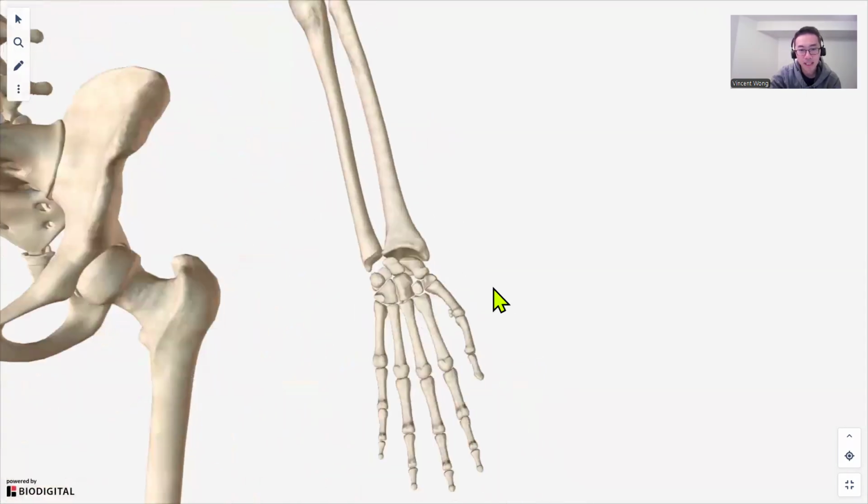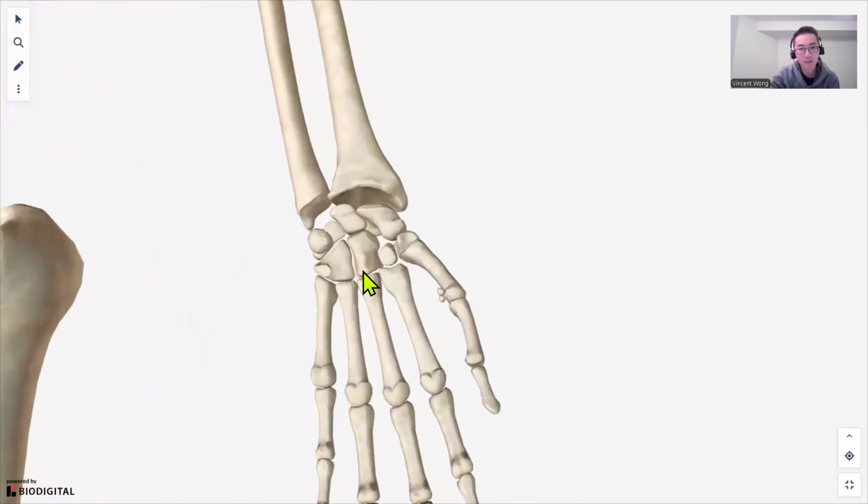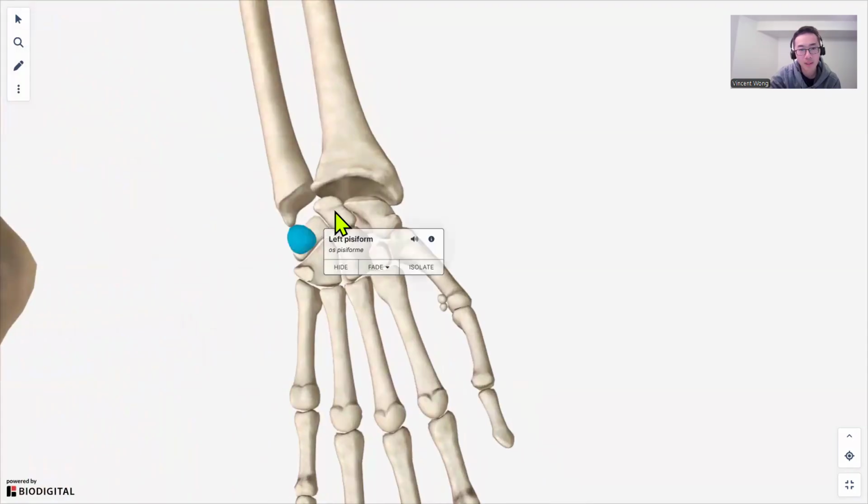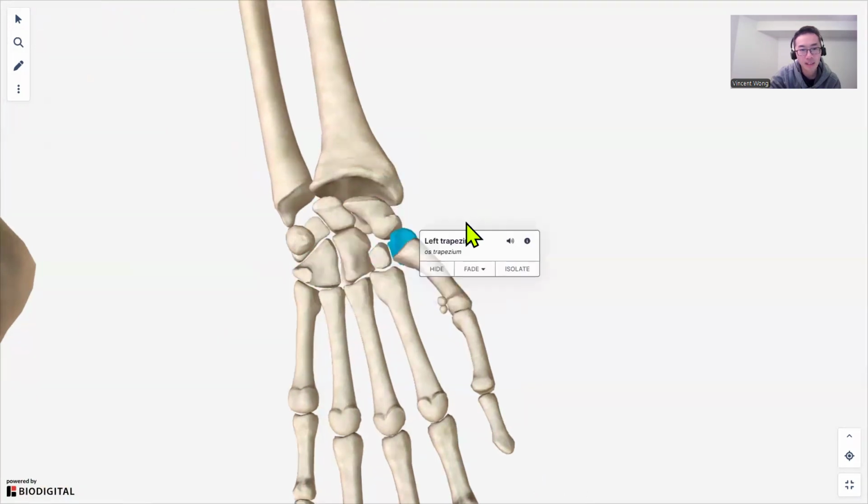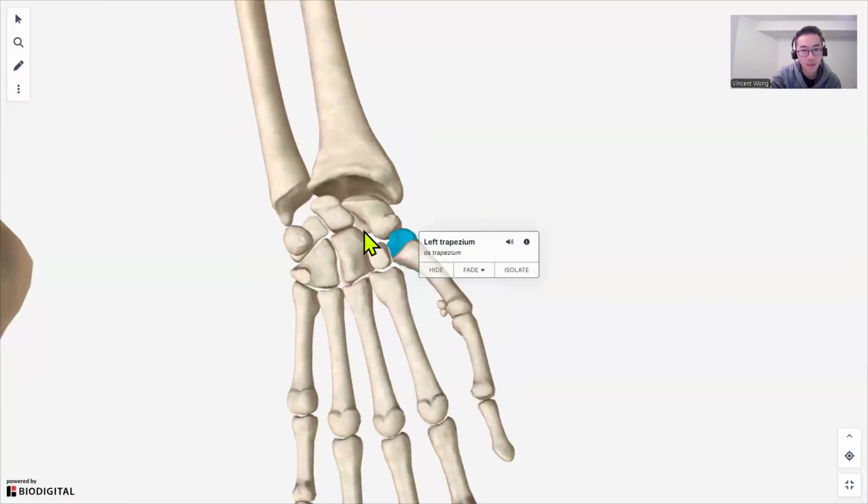Okay, moving down, we have little bones here. There are eight of these bones. One, two, three, four, five, and then six, seven, and another one there at the back. These are called the carpals.